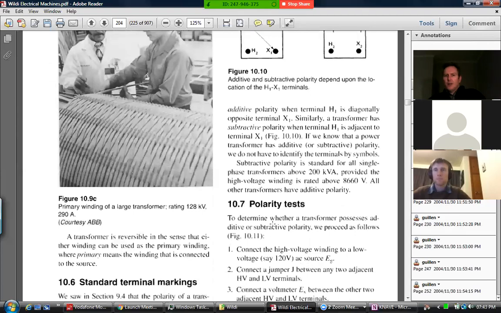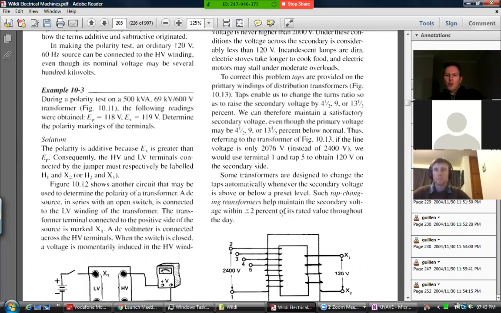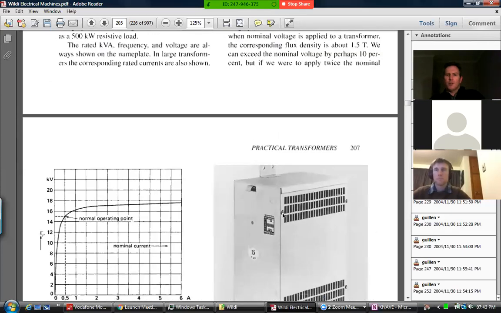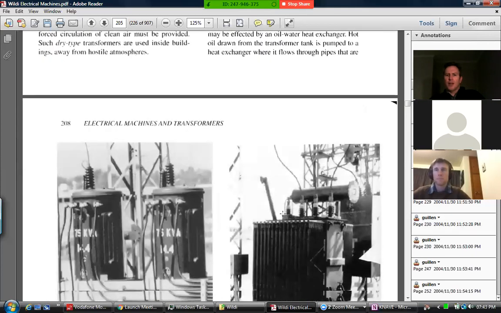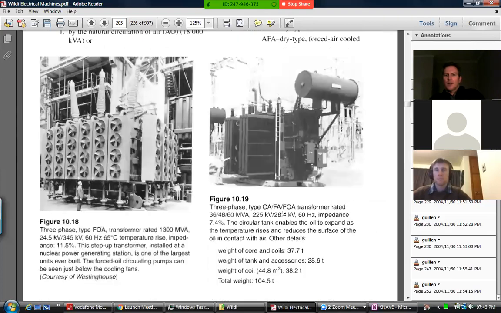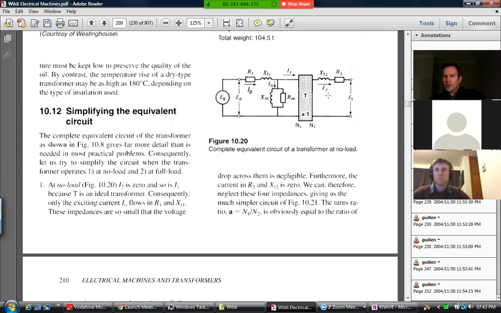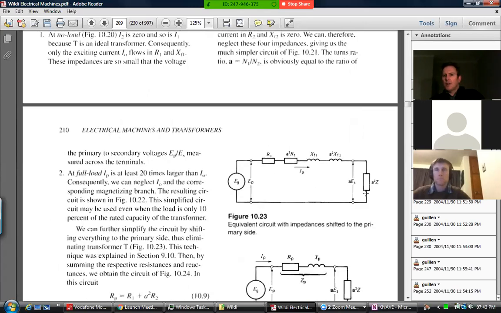Okay, so have a read through those, and the most important part, though, is next time, we'll look a little bit more in detail at examples where we take a complete equivalent circuit, or real circuit rather, and we shift everything to the primary side, get rid of the transformer completely, and then we analyze for voltages and currents.